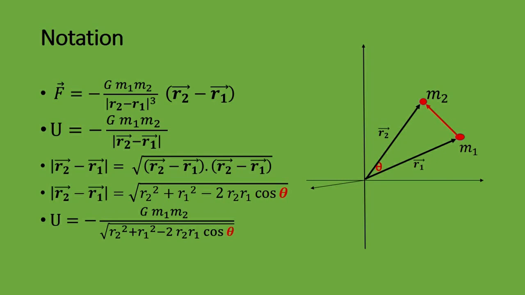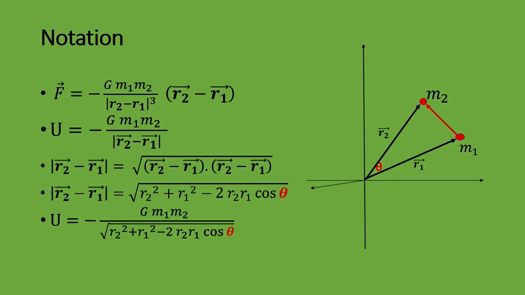The length of the red vector is easily found using this technique. If you want to find the magnitude of any vector, you just take the dot product of this vector with itself. This will create the squared magnitude, and then you take the square root.